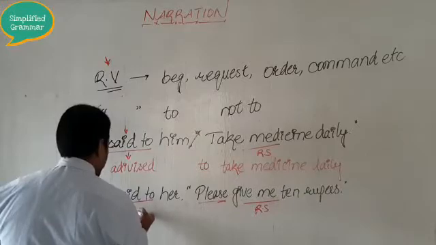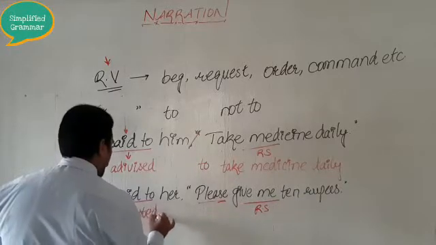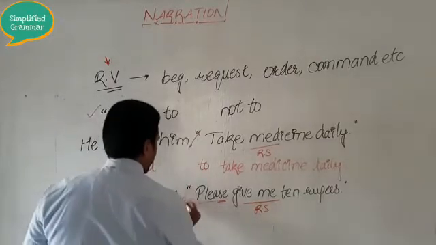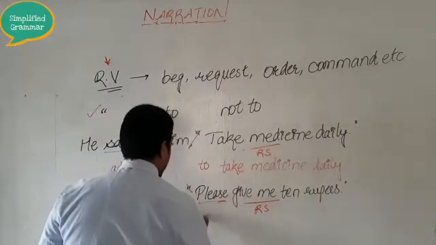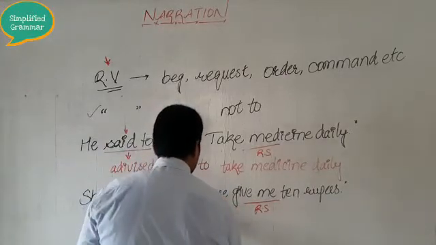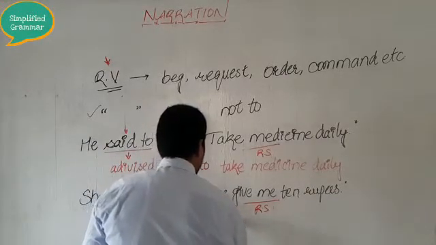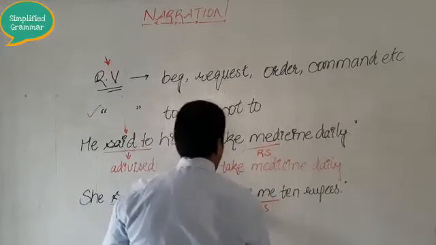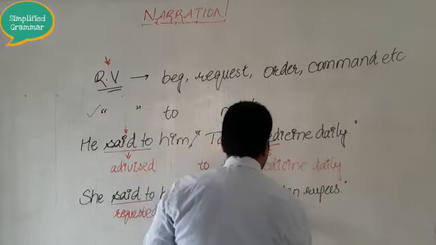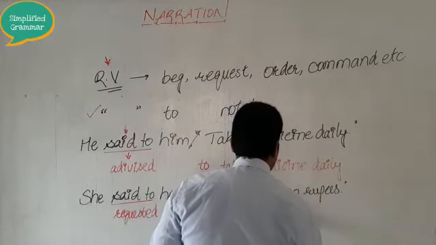So she requested her. You need to remove the double inverted commas. So what will you use? To. So she requested her to give her 10 rupees.